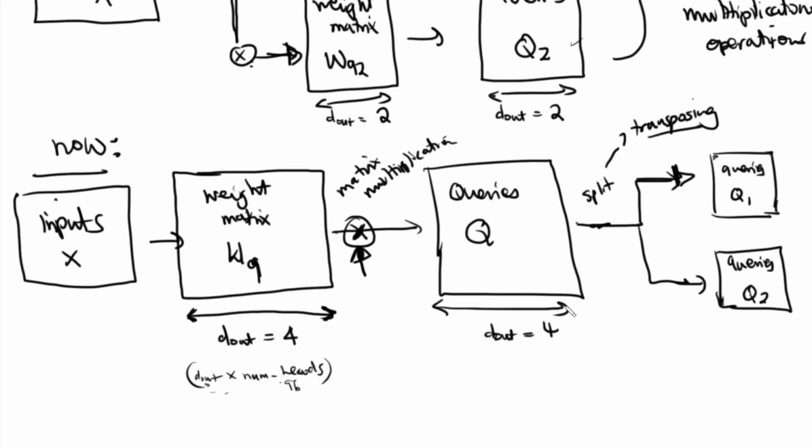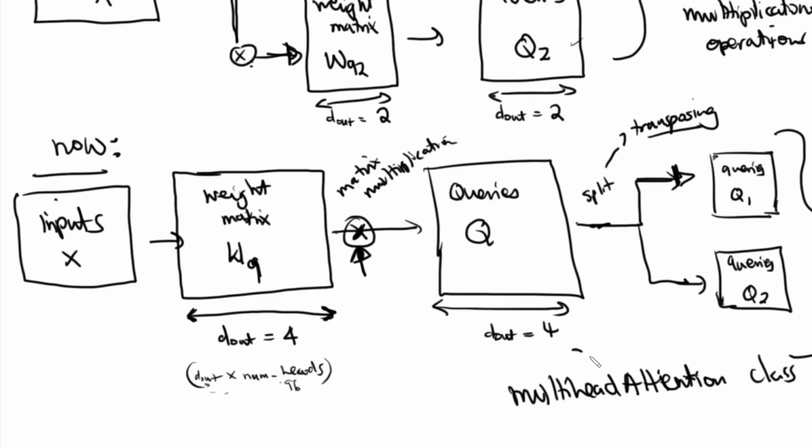We're going to see how we apply the transpose. But this is what is going to be in our combined multi-head attention class. We are not using the wrapper anymore, because inside multi-head attention there are principles coming from the wrapper, from the causal attention class that we had, and also principles for efficiency.